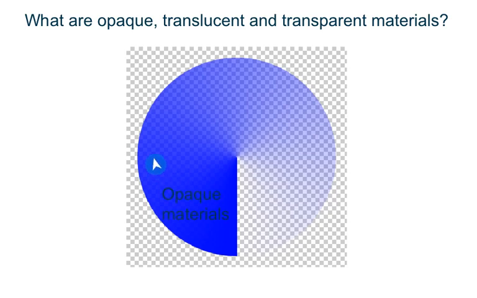In this area here, where some light is allowed to pass through so that you can see the background, this would be your translucent materials. And in this area here, where most of the light can pass through easily and you can see the background very clearly, this would be your transparent materials.